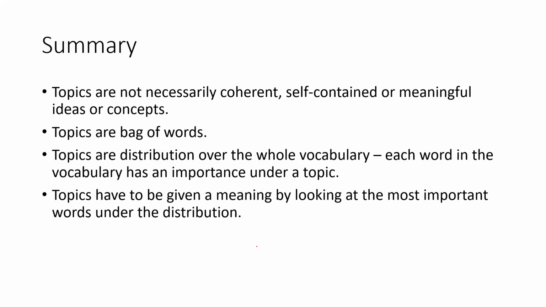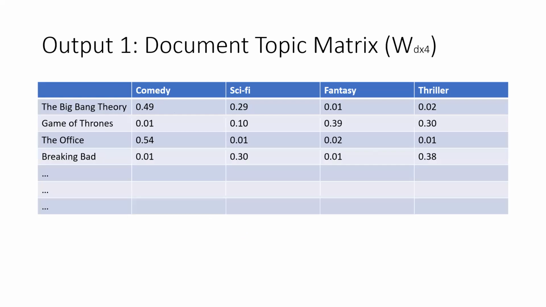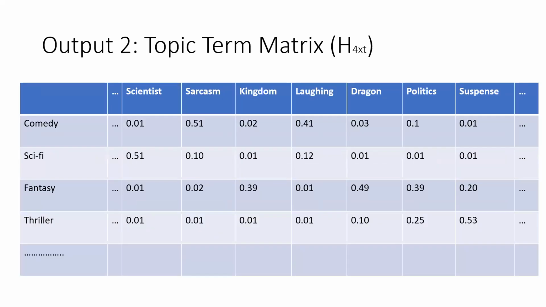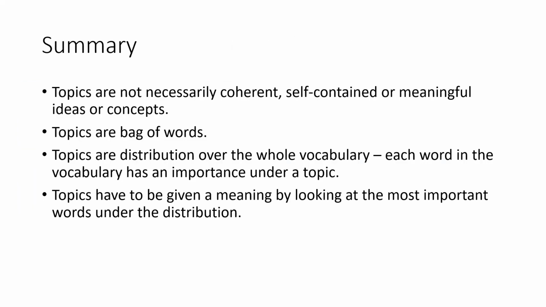So we have already seen all these things in the previous slides, and we all know now how topic modeling works. We have this decomposition of matrix X equal to W into H, where one matrix was the document topic matrix and the other was the topic term matrix. So these were the two outputs, output 2 and output 1, and that's the summary.